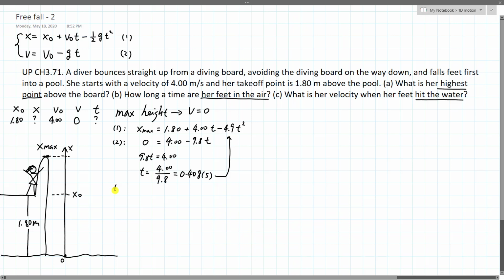So plugging t into equation 1, we have x max equal to 1.8 plus 4 times 0.408 minus 4.9 times 0.408 squared.